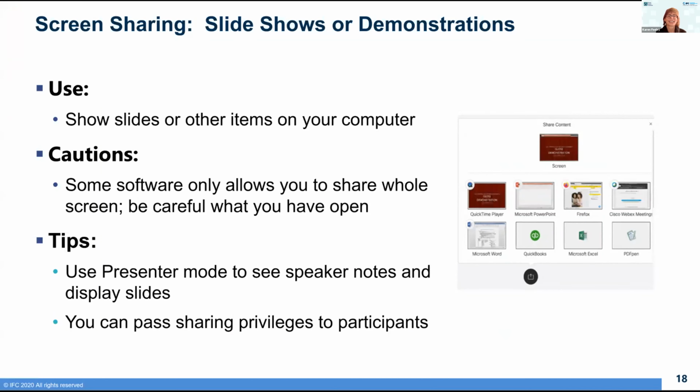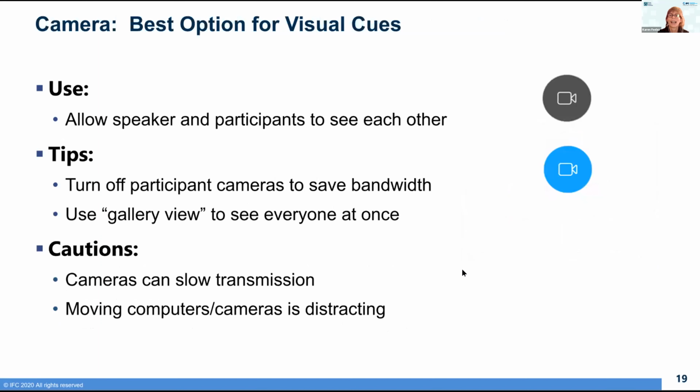All right, well, let's get back into this here. Another basic tool for visual learners is the camera. If you really want everyone to see you and you to see everyone's nonverbal cues, consider using the camera. Using the camera, as many of you have said, when you're the speaker, can make the presentation feel much more personal and engaging.